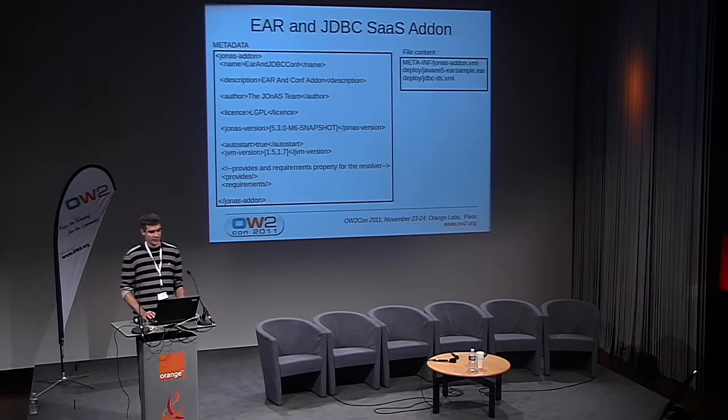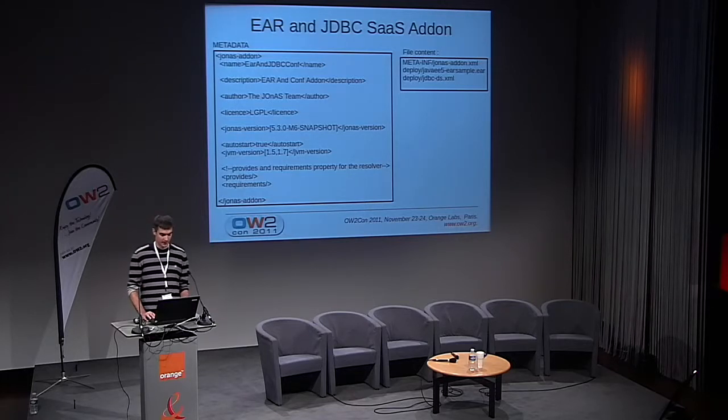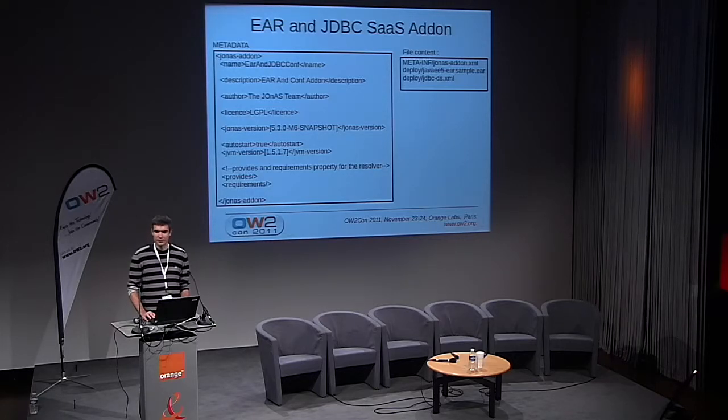For this example, you have the metadata that is used. So you have, for example, the license and the JOnAS version that we have to use. You can see that the version range uses the same model as the OSGi metadata.